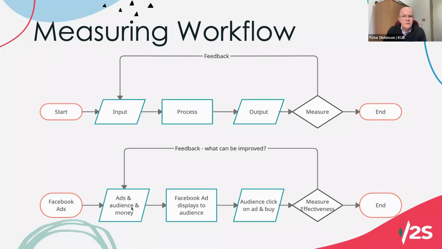Did you have the right audience? Have you spent the right amount of money? Is the creative you've used the right one? And you've got to do various tests to check that. And then obviously the end. So this is how it works in reality, and you need this for every marketing resource that you use.